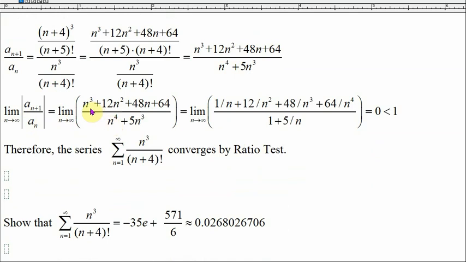N to the third dividing by n to the fourth is 1 over n. 12n squared dividing by n to the fourth is 12 over n squared. 48n dividing by n to the fourth is 48 over n to the third. And then here we get 64 over n to the fourth. N to the fourth dividing by n to the fourth is 1. 5n to the third dividing by n to the fourth is 5 over n.